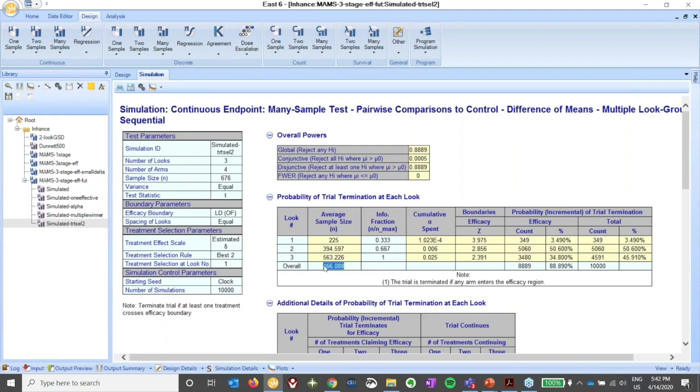It also has a chance of about 54% of stopping early by the second look. This is the sum of these 2 probabilities here. You have about 3.5% chance of stopping early on the first look, and about 50.6% chance of stopping early in the second look. So about 54% chance of stopping early by the second look.